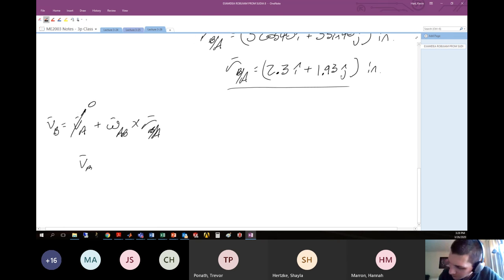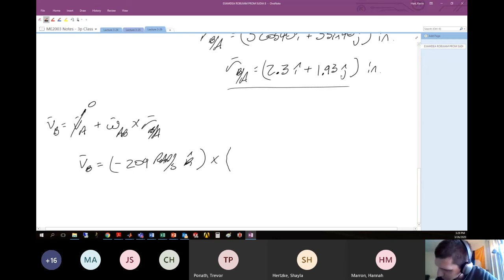We have the velocity of B equal to our omega AB, which we solved for before, negative 209 radians per second k hat, crossed with the position vector locating B from A, 2.3 i hat plus 1.93 j hat, in inches.